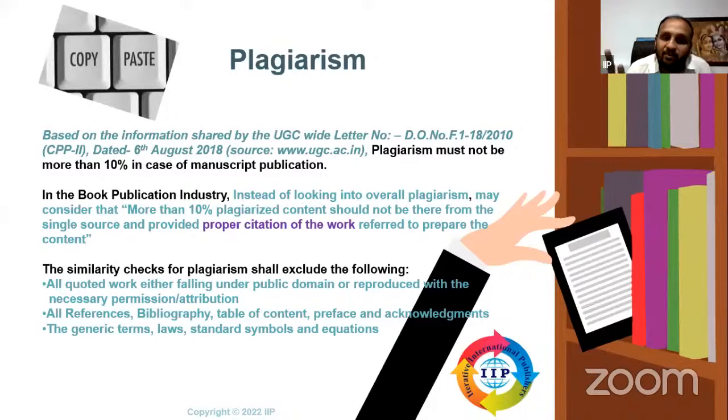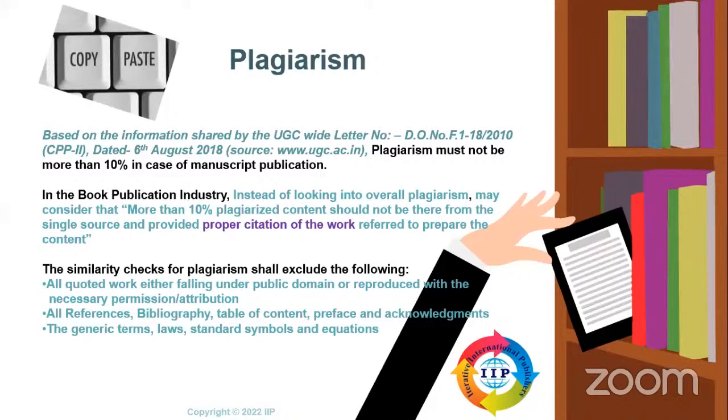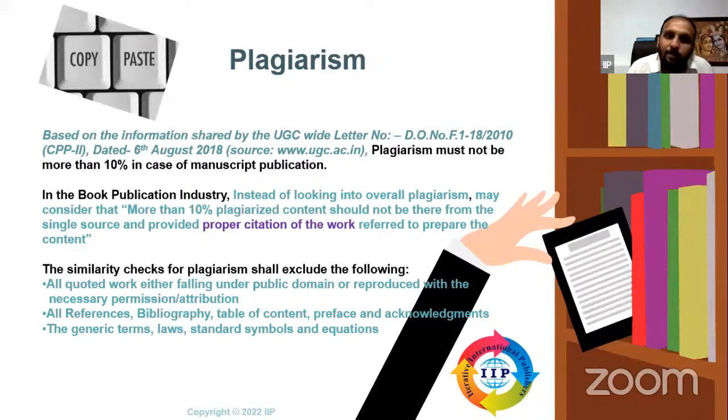There is a difference between plagiarism of the entire book and plagiarism from a single source. So maintain the book content such that the plagiarism from a single source does not cross 10%. Even if it is within 10%, there must be a proper citation for your work. In the next slide, I will tell how the citation has to be done.